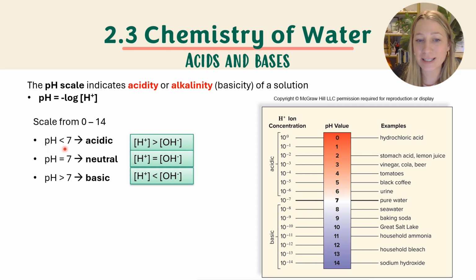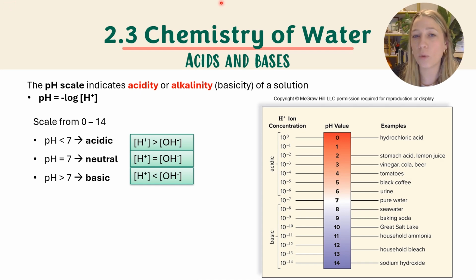If the pH is lower than 7, that substance is acidic, and that's telling us there are more hydrogen ions than hydroxide ions. If the pH is 7, that is neutral. We have an equal amount of hydroxide ions as hydrogen ions. And then if the pH is greater than 7, going up to 14, that is a basic or alkaline solution, meaning that we have more hydroxide ions than hydrogen ions.